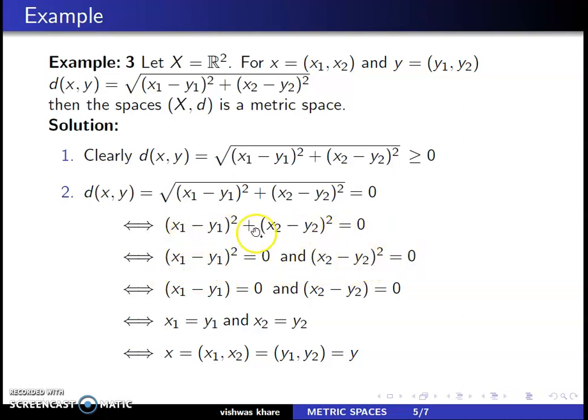Because these two are non-negative quantities and their sum is 0, both quantities should be equal to 0. But this gives x1 minus y1 equal to 0 and x2 minus y2 equal to 0. This gives x1 equal to y1 and x2 equal to y2. But this implies x is equal to y.